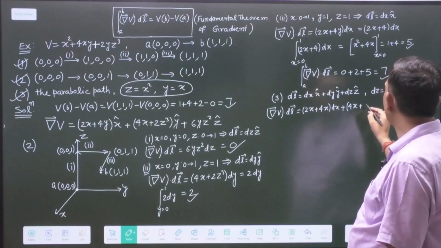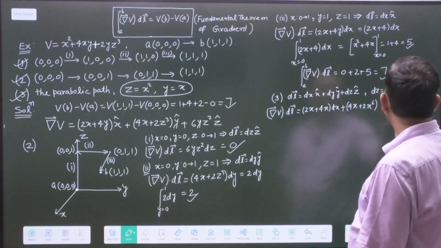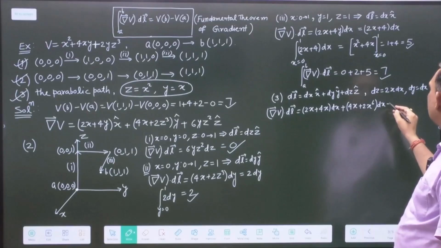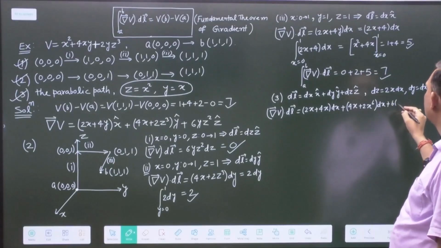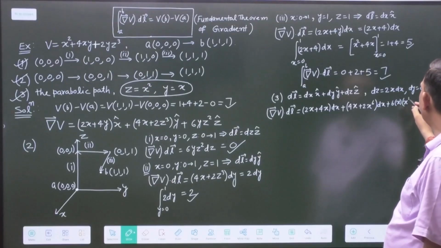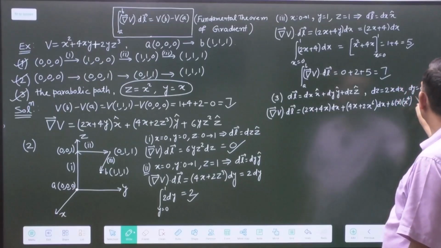So this will be 2x to the power 6, and dy is dx, plus 6y, y is x, z square is x to the power 4, and dz is 2x dx.